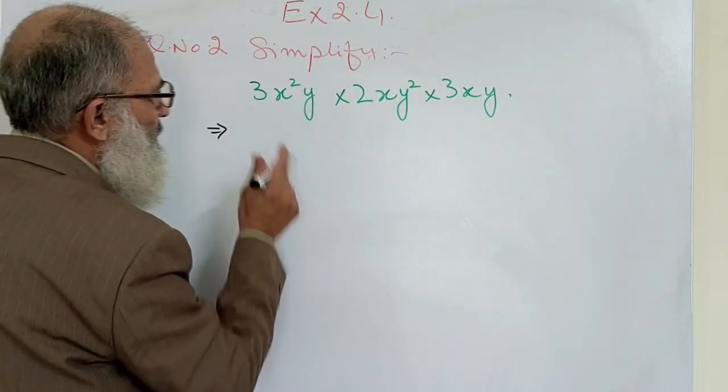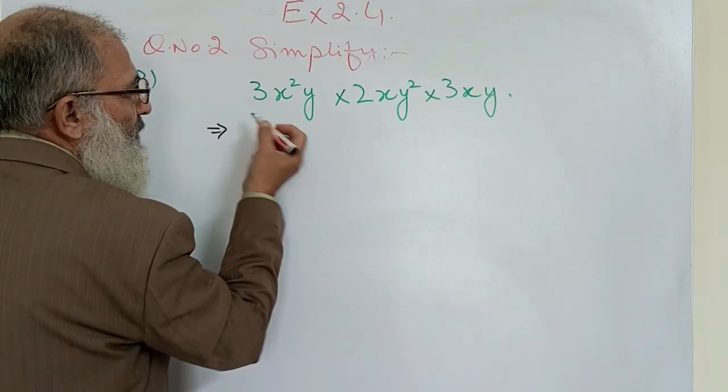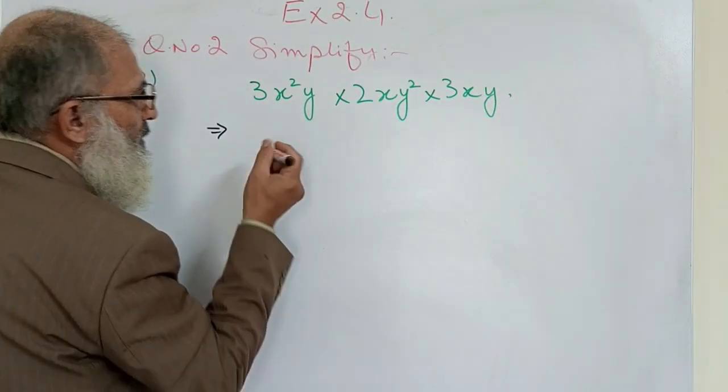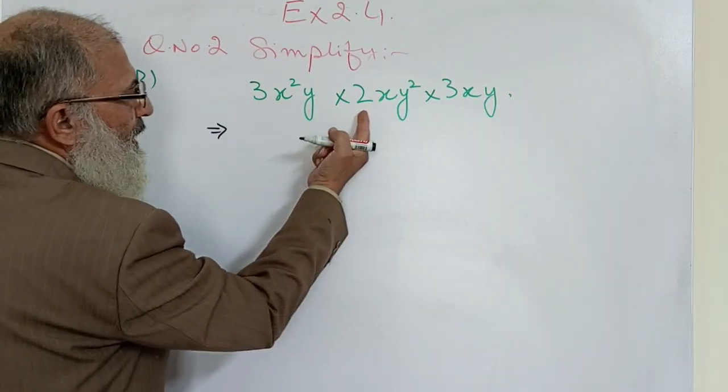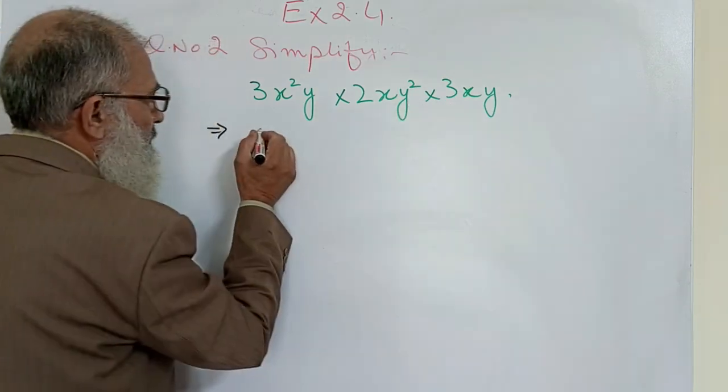Multiplication of the coefficients, or if there is any constant over here. There is no constant over here, so we will multiply the coefficients. 3 times 2 is 6, 6 times 3 is 18.